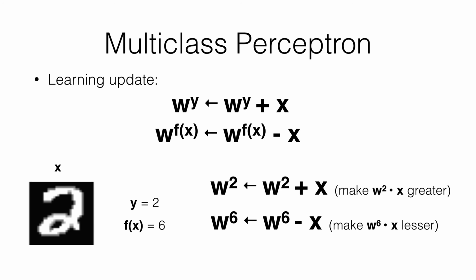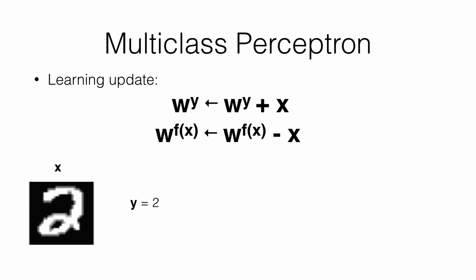Okay, and then the second example I want to consider is what happens if we get the correct label. This is really quick. So we output f of x equals 2, which means that w2 times x was our highest scoring linear combination. And let's just run the updates.